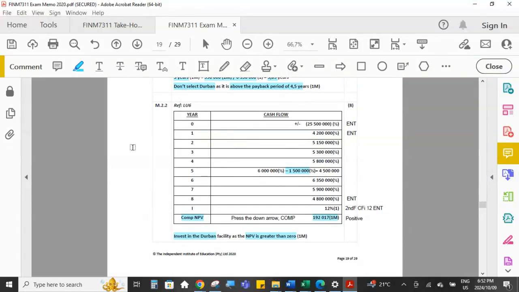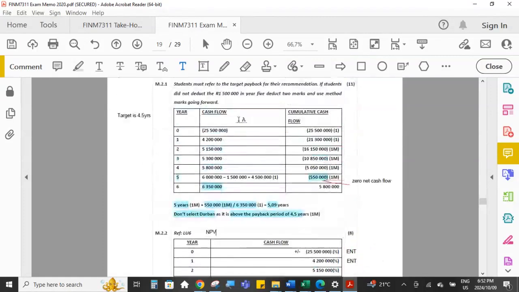Okay, so as I say, also remember that this value that we've calculated here, 192,000 rand, is a rand value. It's 192,000 rand that we've calculated, which means that there will be profit in this particular project. Okay, so this is our net present value method.